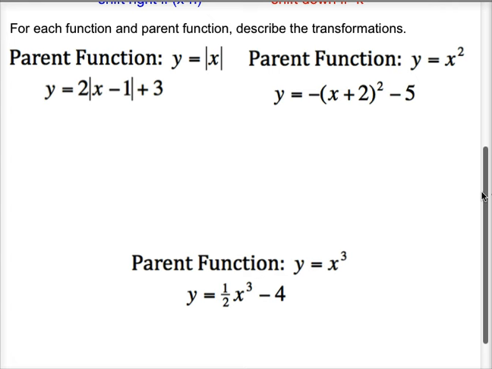So the first thing that I notice is that number multiplying out front. Remember, when there's a number multiplying, if it's greater than 1, that means it's a stretch of 2.